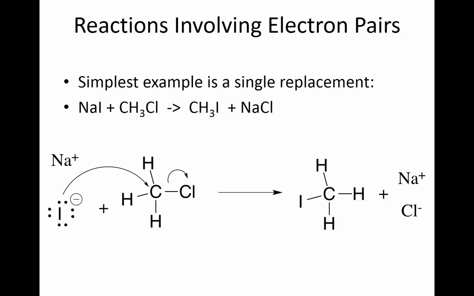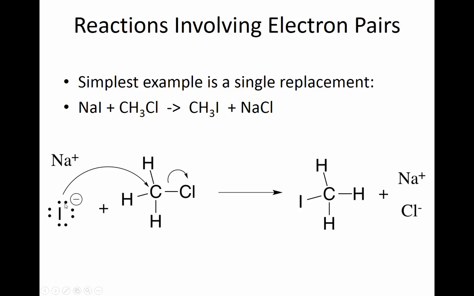Okay. Now what if we were looking at reactions with electron pairs? So we'll see these too in organic compounds. The simplest types we'll see are the single replacement reactions, where essentially we have an iodide and chloride kind of switching places. So we've got sodium iodide plus methyl chloride gives us methyl iodide plus sodium chloride.